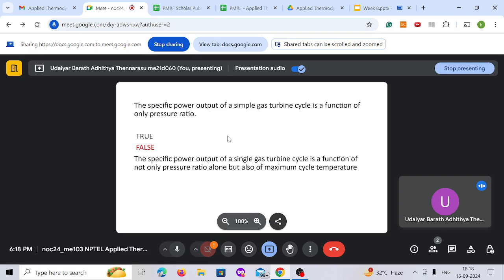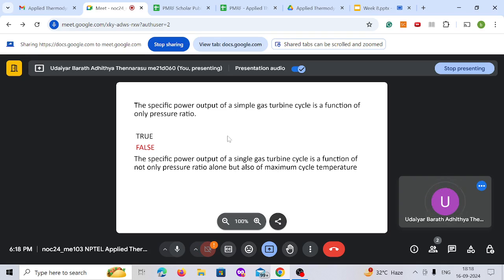We saw efficiency is just a function of pressure ratio, and efficiency is given as W by Q. So Q depends upon your temperature.